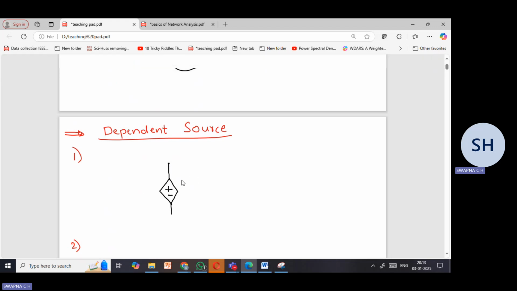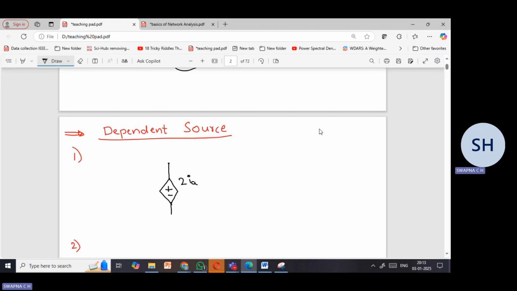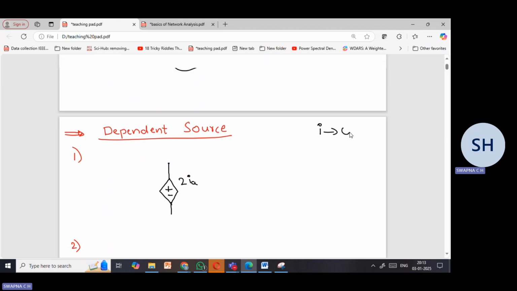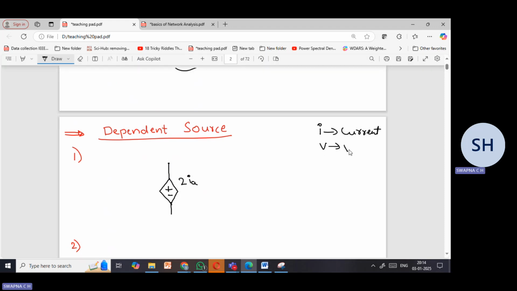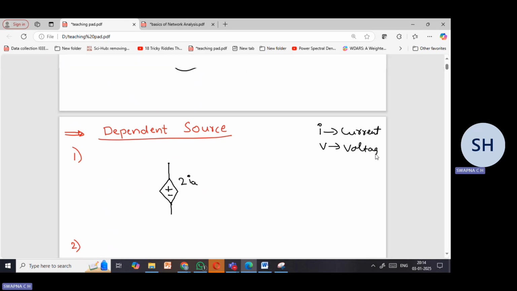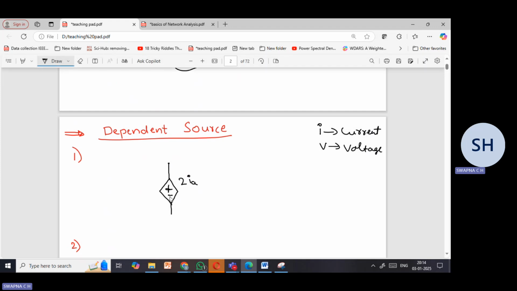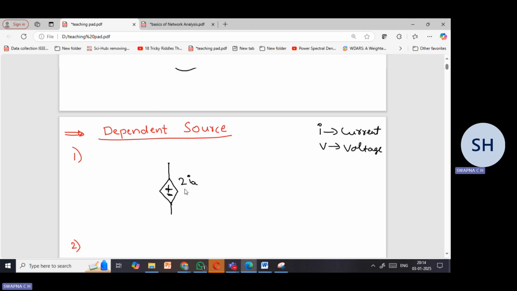Let me write the value of this as 2IA. Always in electrical circuits, I indicates current and V indicates voltage. So this IA is nothing but a current value. From the symbol, it is very clear that it is a voltage source, but the value here is 2IA.